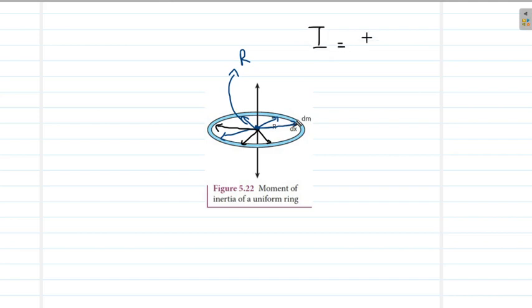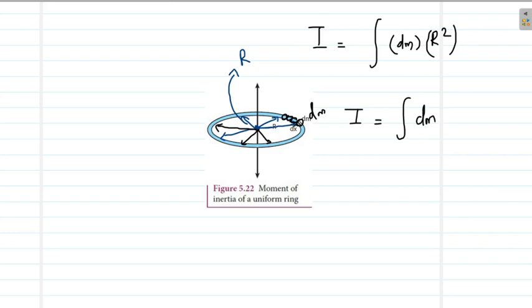So I is equal to integral over small masses into R square, where R is the radius of the ring. Now since there are different mass elements on this ring, we can choose that the mass of each element is given by dm. So the total moment of inertia I will be integral dm r square, where the integration is with respect to mass.